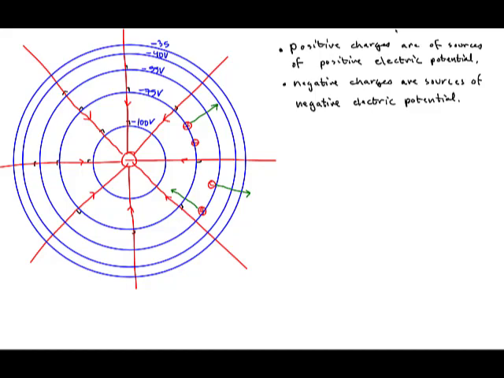And that makes sense because opposite charges attract, like charges repel. Positive charges will accelerate towards that negative charge, and the negative charge will accelerate away from the other negative charge. This is a relationship between an electric field, electric potential, and the charges involved.